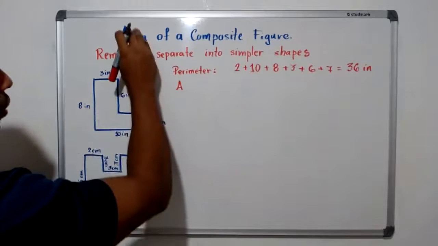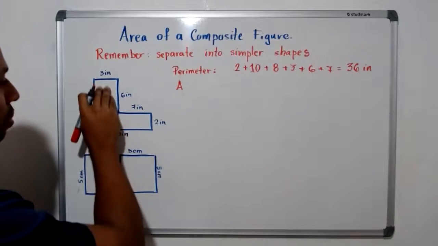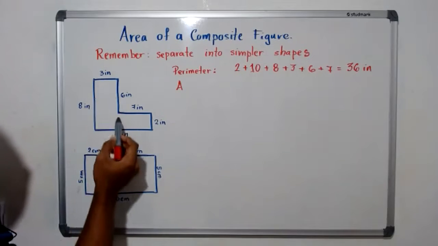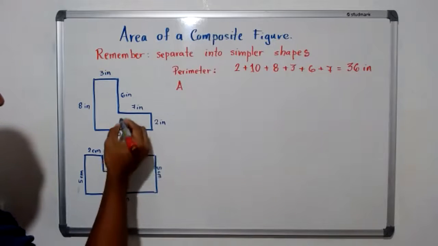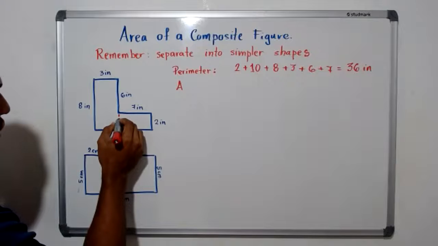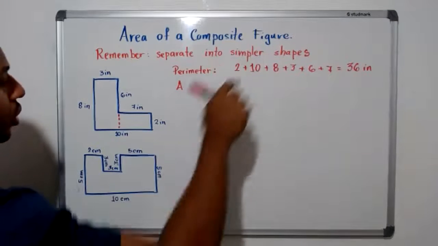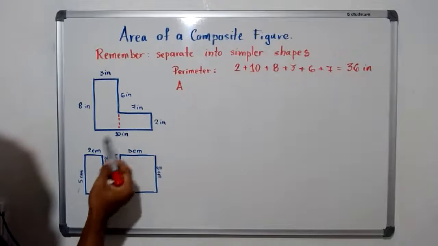When we talk about area, we think of the amount of space. But remember, this figure is a composite figure. So we need to separate into simpler shapes. So I'm going to divide here, okay?